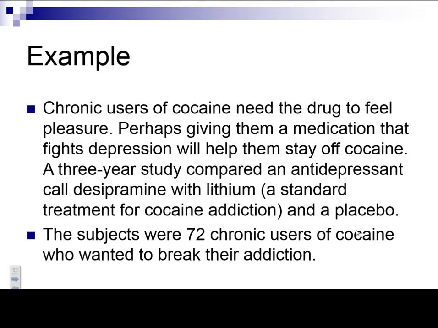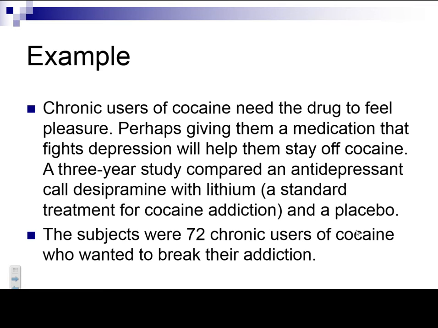Perhaps giving them a medication that fights depression will help them stay off cocaine. A 3-year study compared an antidepressant called desipramine with lithium, which is actually the standard method for the treatment of cocaine addiction, and third, a placebo.